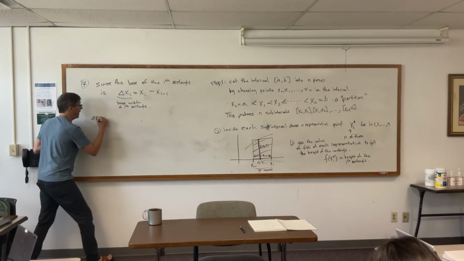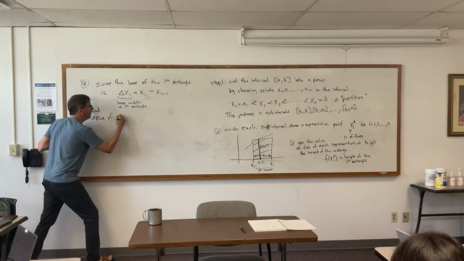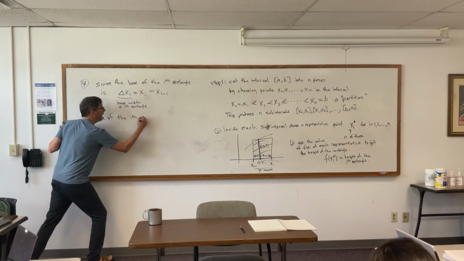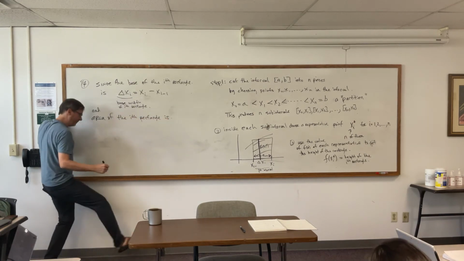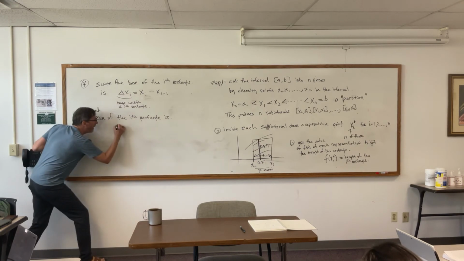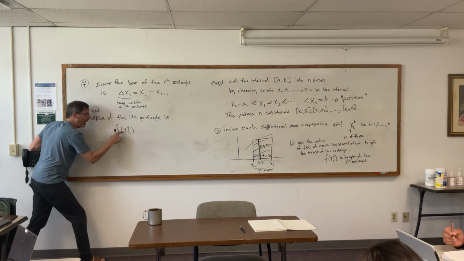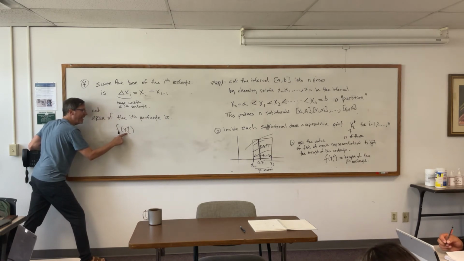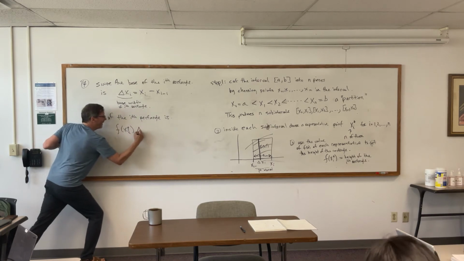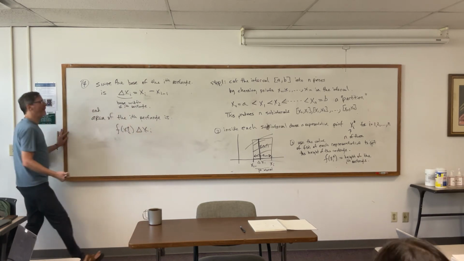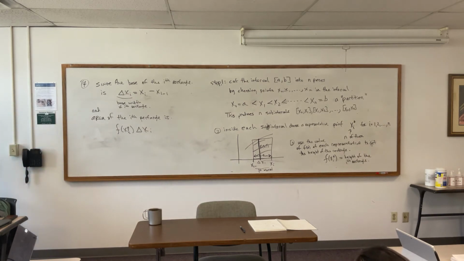So the area of the ith rectangle is height, that's f of x sub i star times delta x sub i. That's the area of that rectangle over there.